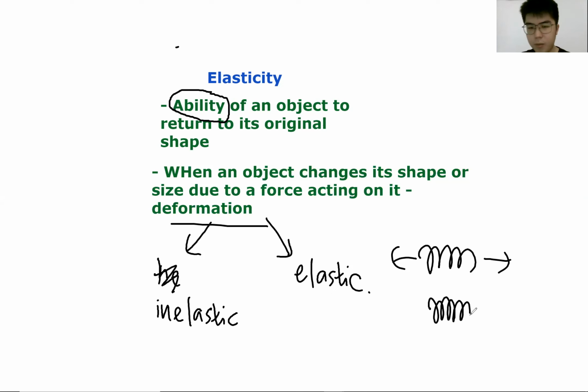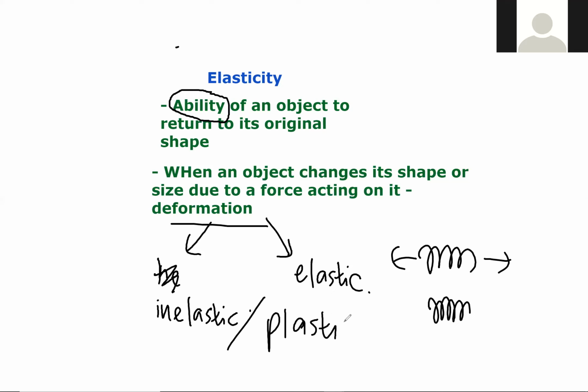Inelastic deformation is just the direct opposite. If an object does not return to its original shape after the force has been removed, we call it inelastic deformation, or sometimes you will see the word plastic deformation.